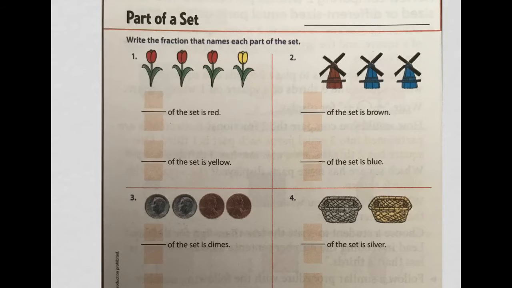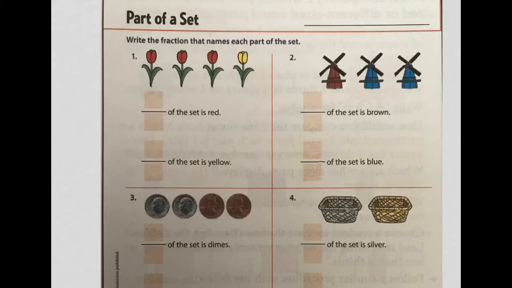Okay, so taking a look at these tulips, for number 1, we're going to write the fraction that names each part of the set. Just a reminder, the set is this group of flowers. Well, before we even start, we can see how many total there are.